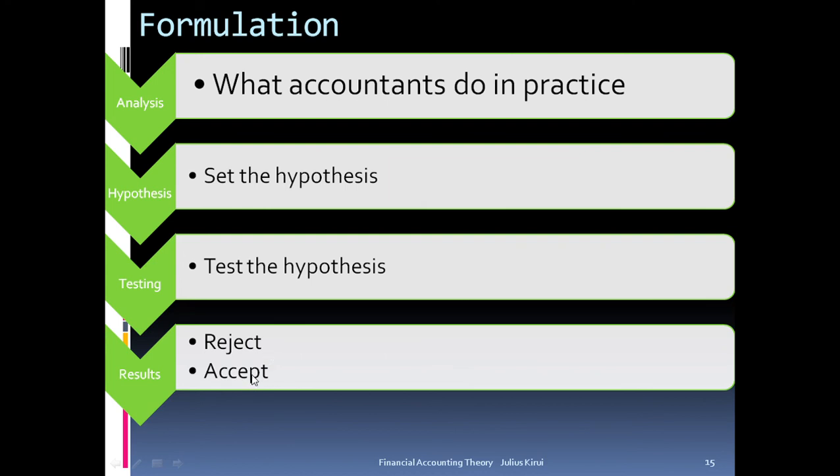Accept meaning it's according to the null hypothesis. Let me say this: when you're setting your hypothesis, you have only two hypotheses. We have what you call null hypothesis and alternative hypothesis. So when you're setting your hypothesis, you approach it from the null hypothesis. Null hypothesis, meaning that you state the negative part of it.